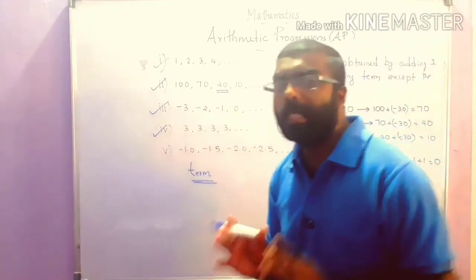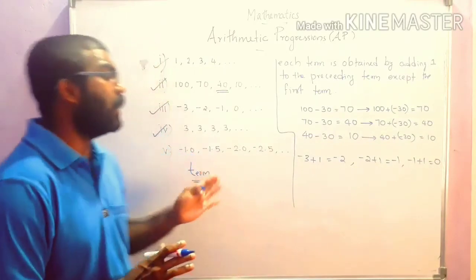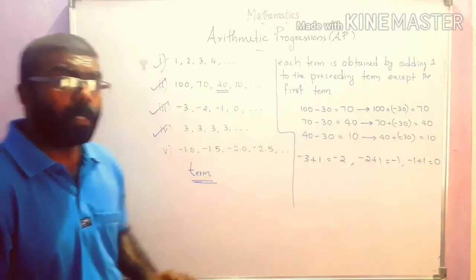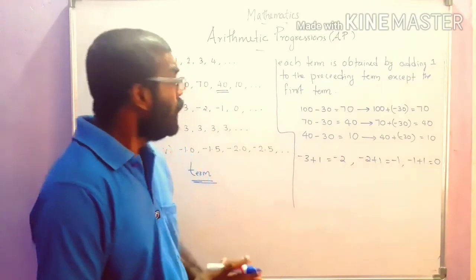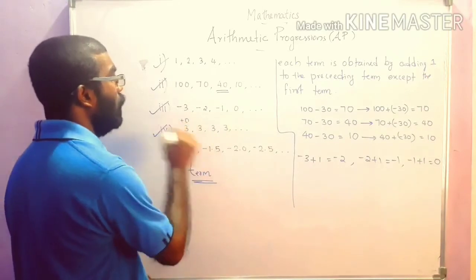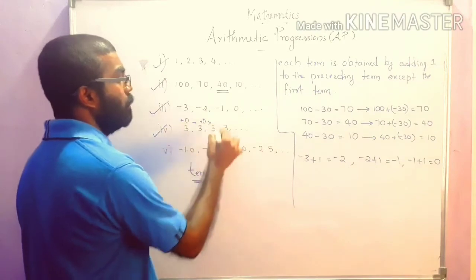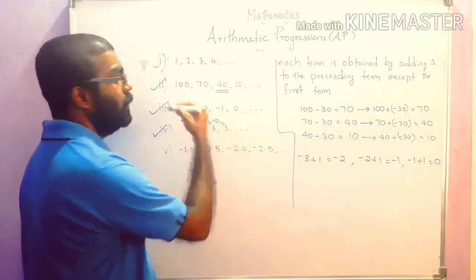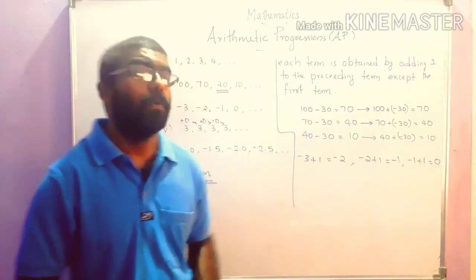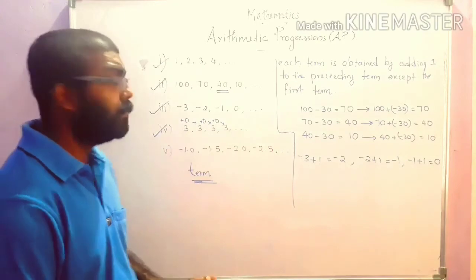So we can say that no number is added to each term, or in other words, 0 is added to each term. That is, 3 plus 0 gives 3, again 3 plus 0 gives 3, 3 plus 0 gives 3, and so on. So 0 is added to each and every term except the first term.